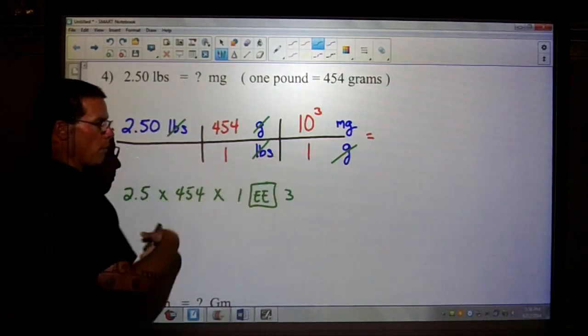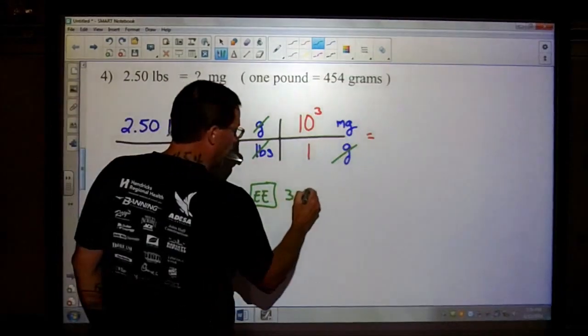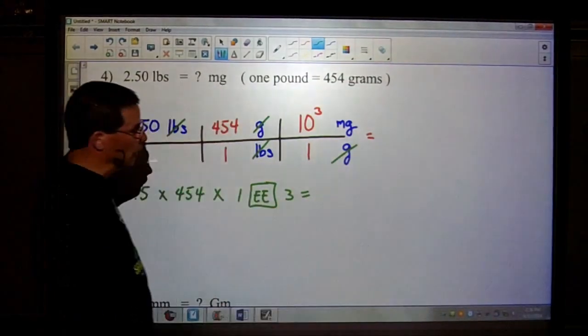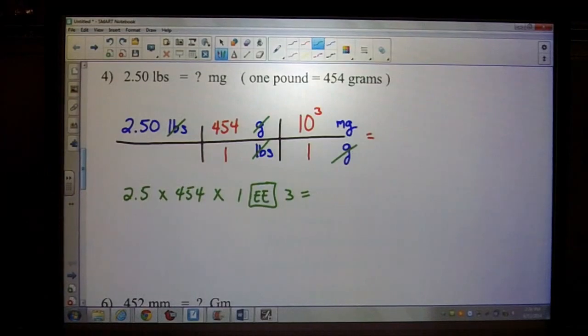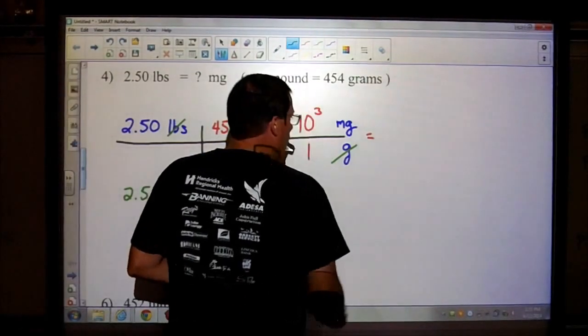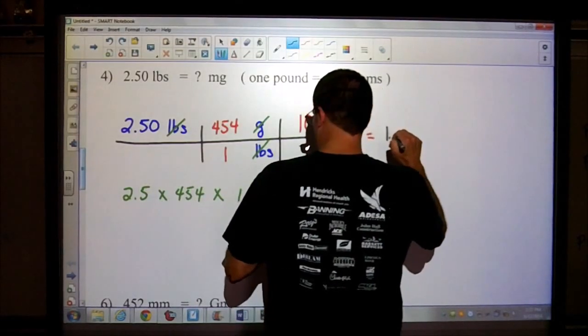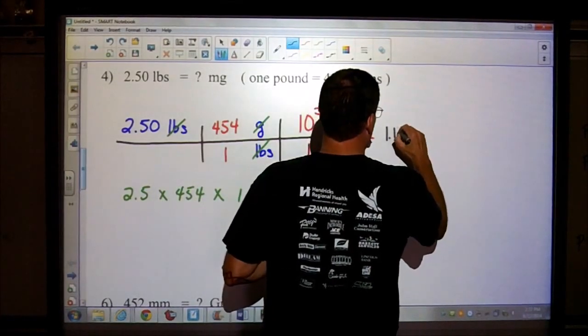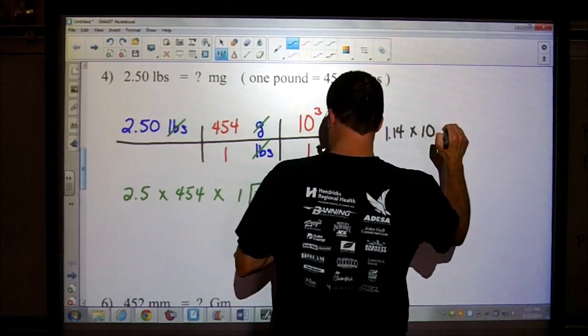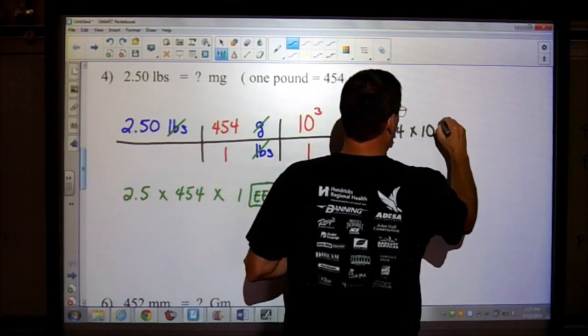Since they're all ones on the bottom, I don't necessarily need to divide those by 1, but if you need to, go for it. And my calculator gives me a rather large value, which is 1.14 times 10 to the, we'll say 6.